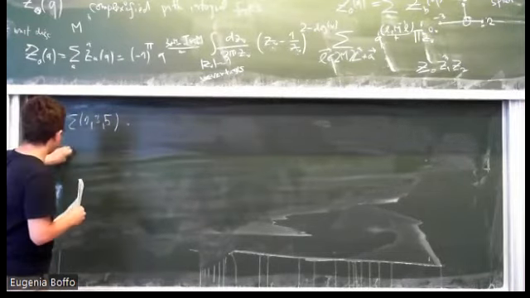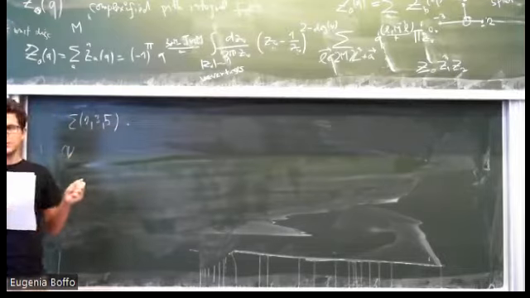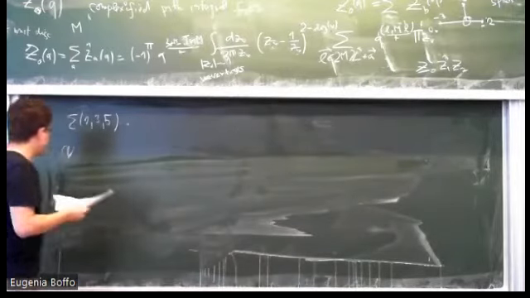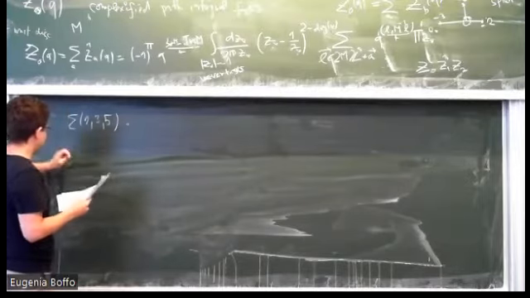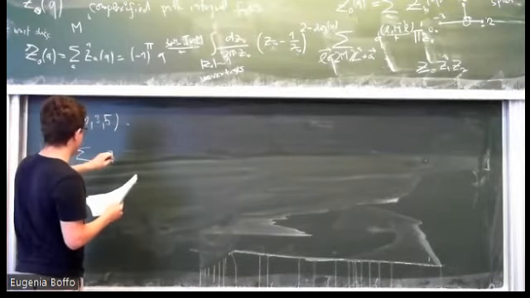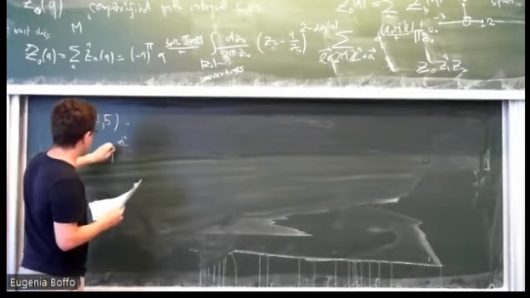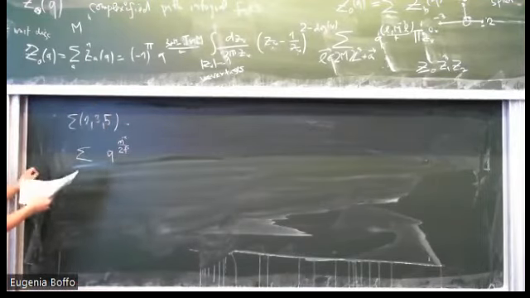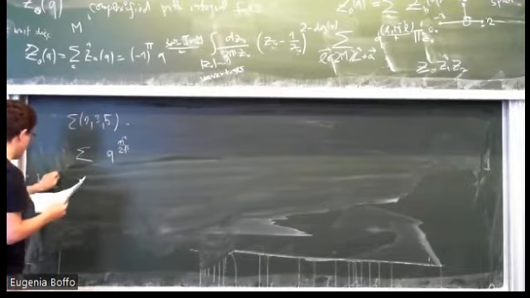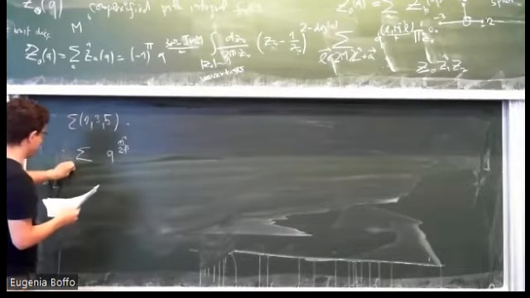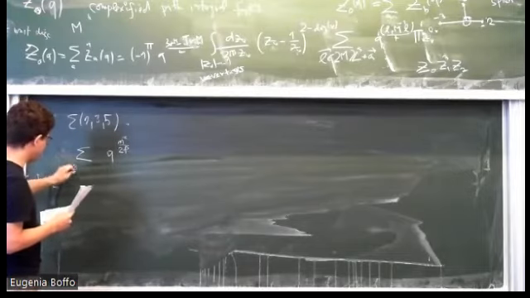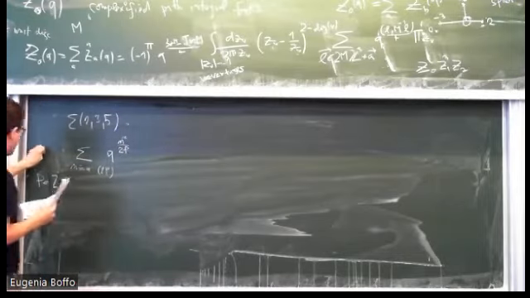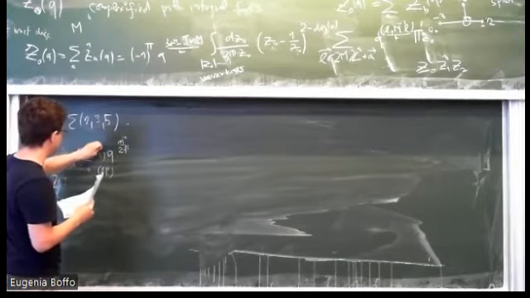For that I need to say what a false theta function is. A theta function is something quadratic in Q, and it's a series: the sum of Q to the n squared over 2p, where p is a positive integer, and here we take the sum over n congruent to some class a modulo 2p, with some sign.